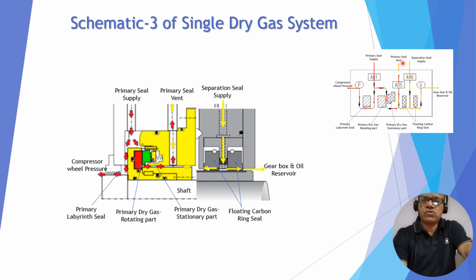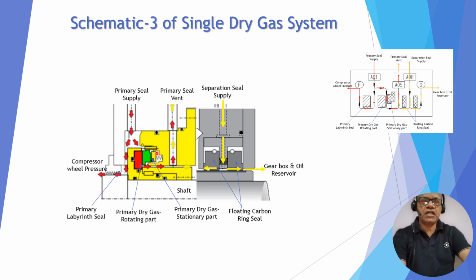This is the separation seal, this is the floating carbon ring, mixing here and going to the primary vent, and this side it goes to the oil reservoir. This is a simple schematic for a single dry gas seal system.